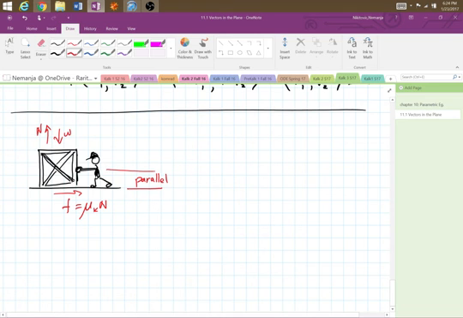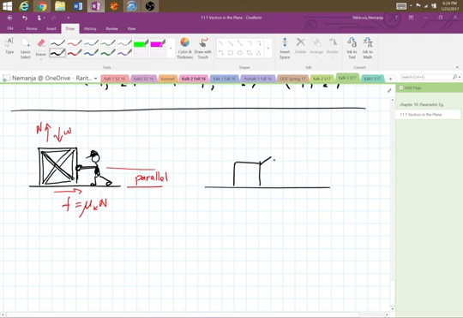If you have a situation where, let's now take something smaller. So you have a smaller crate, and the person is pushing this way. That's a horrible stand.